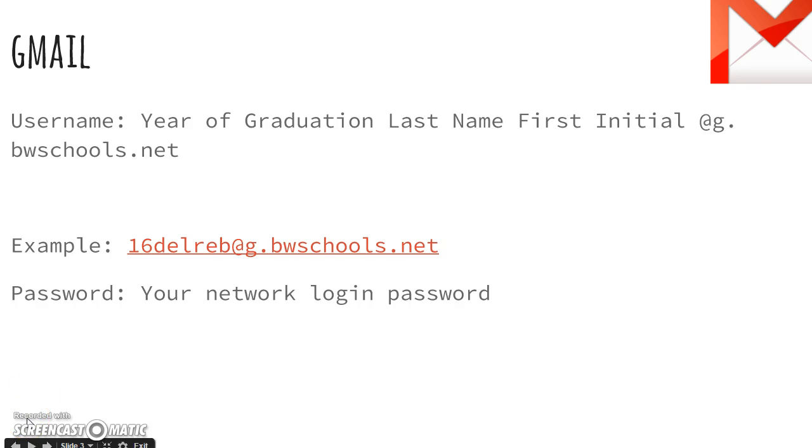Also, we want you to realize that your Gmail account is a lot like your locker. And what I mean by that is your locker is not a private domain. Even though we give it to you and we encourage you to put your personal items in your locker, it's not a place where you can keep things that would be considered, let's say, inappropriate.